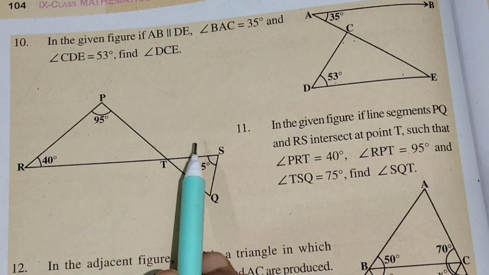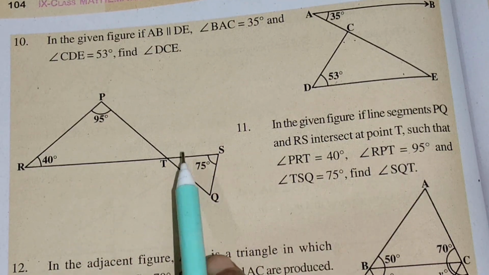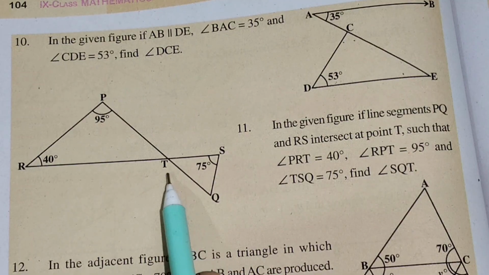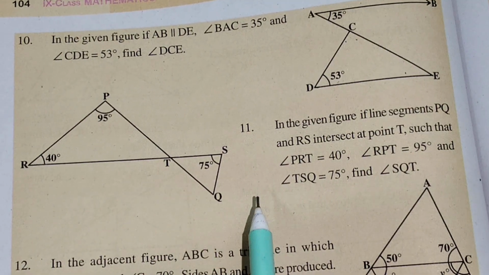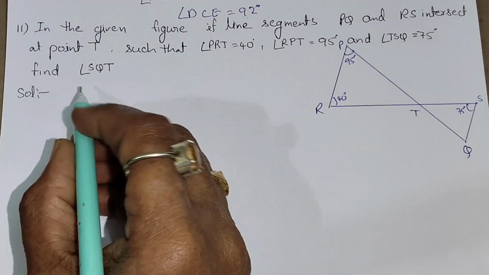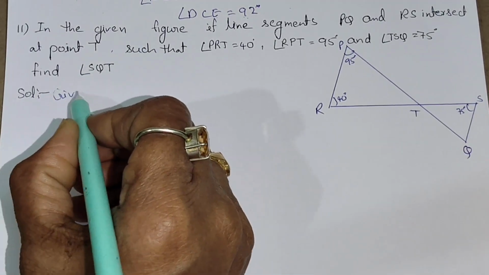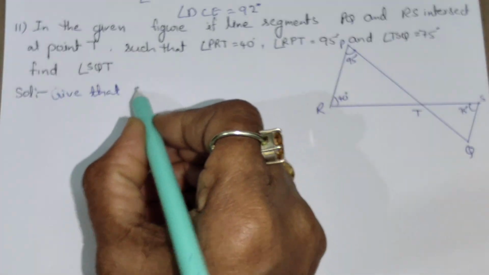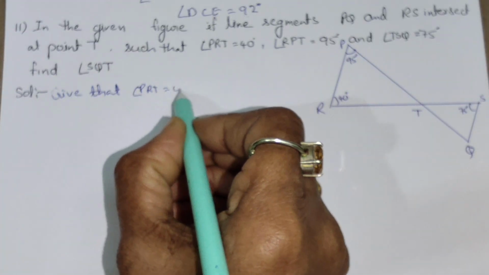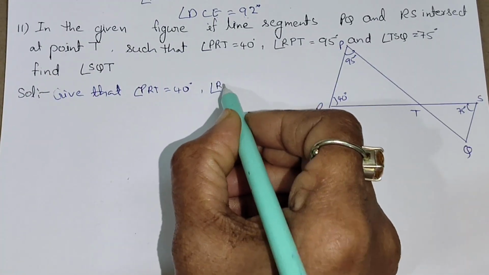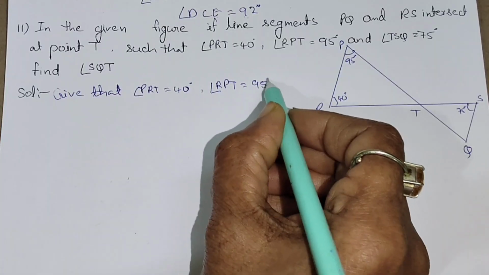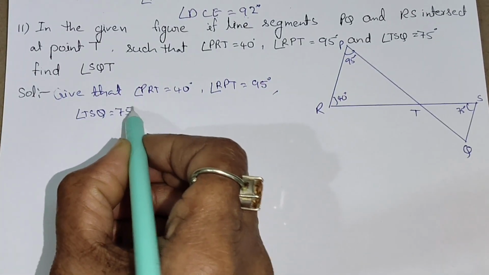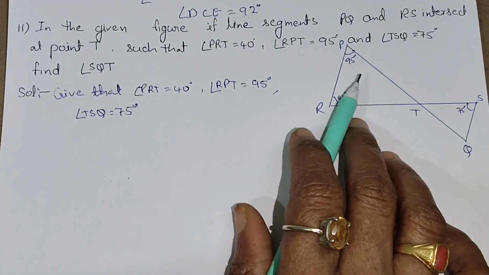PQ and RS are the intersecting lines, and T is the intersecting point. Now first we write the given data. PRT equals 40 degrees, RPT equals 95 degrees and TSQ equals 75 degrees.